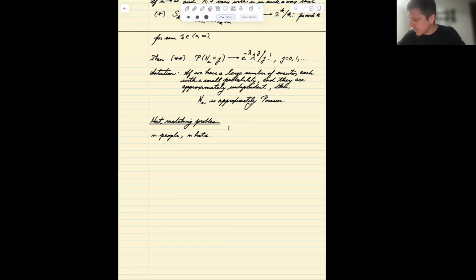Okay, so with that description, let A sub i n be the event that the ith person picks his own hat.